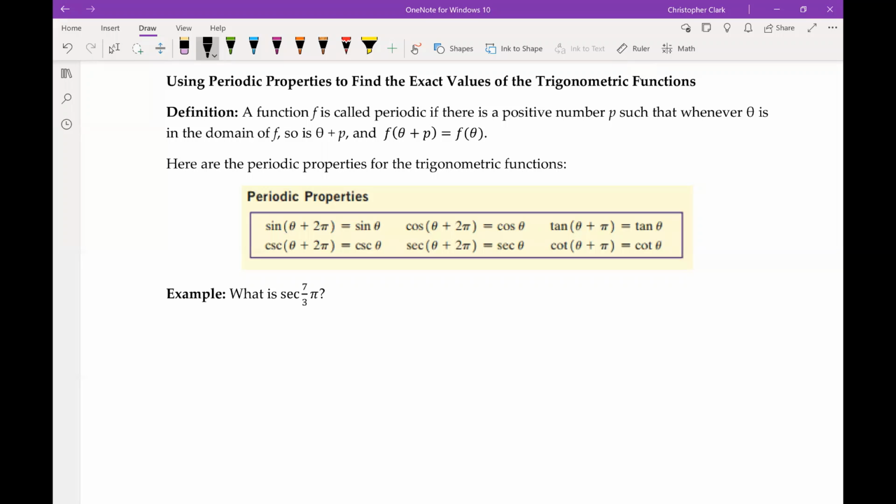we can recognize that 7/3 pi is equal to 6/3 pi plus 1/3 pi. But hey, this 6/3 turns out to be just 2 pi. So what that means is that because that's the period, right? We have this period right here.